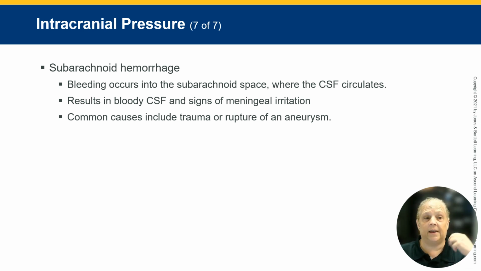They're going to complain of a sudden severe headache, worst headache ever. As bleeding is increasing, they're going to start having signs and symptoms of increased ICP. If the subarachnoid hematoma is severe and sudden, such as with an aneurysm, a lot of times it's going to result in death, or if they do survive, there's going to be permanent neurologic damage.